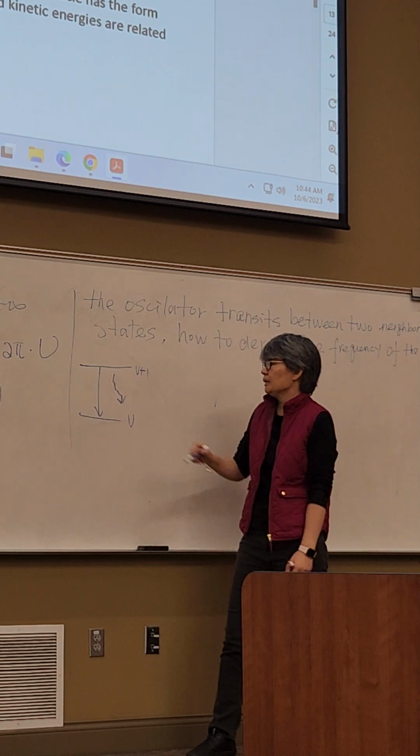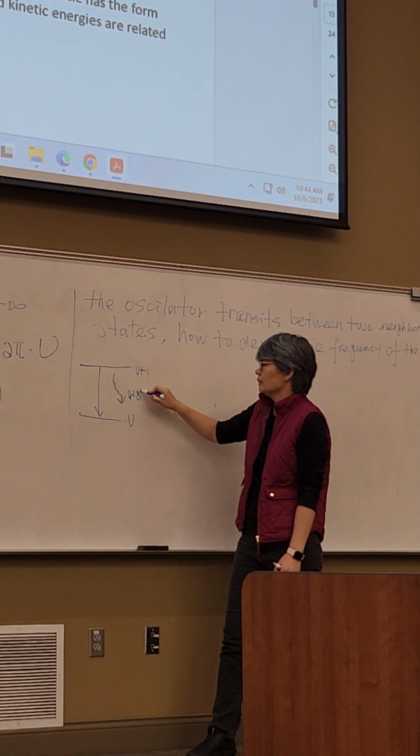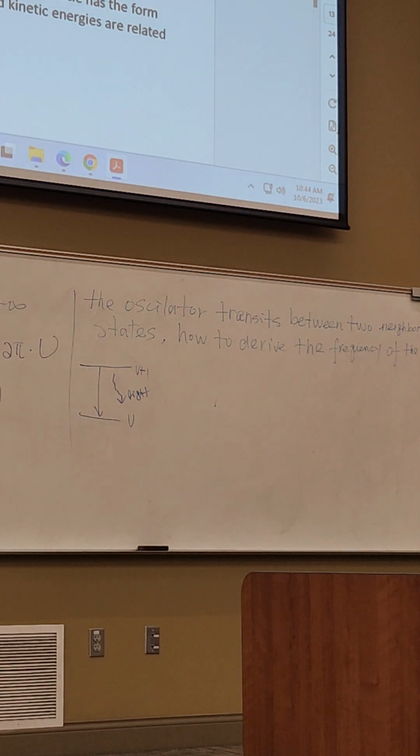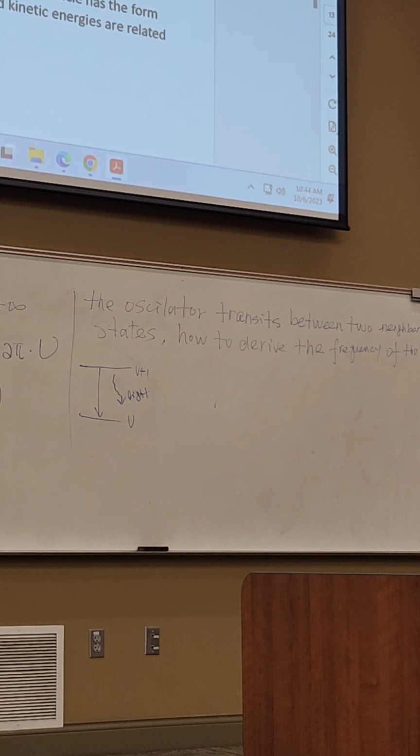Then what will happen is, as the system jumps from the higher state to the lower state, the excess of energy will be released as light. Okay, now how are we going to do this?